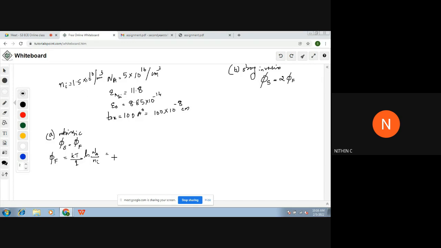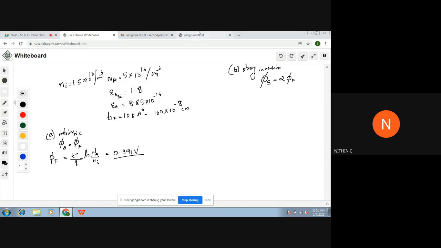It's correct. Did everyone get it? Everyone got the answer? Yes, okay. 0.391 volt will be the value for phi f. So you got the value of phi f.